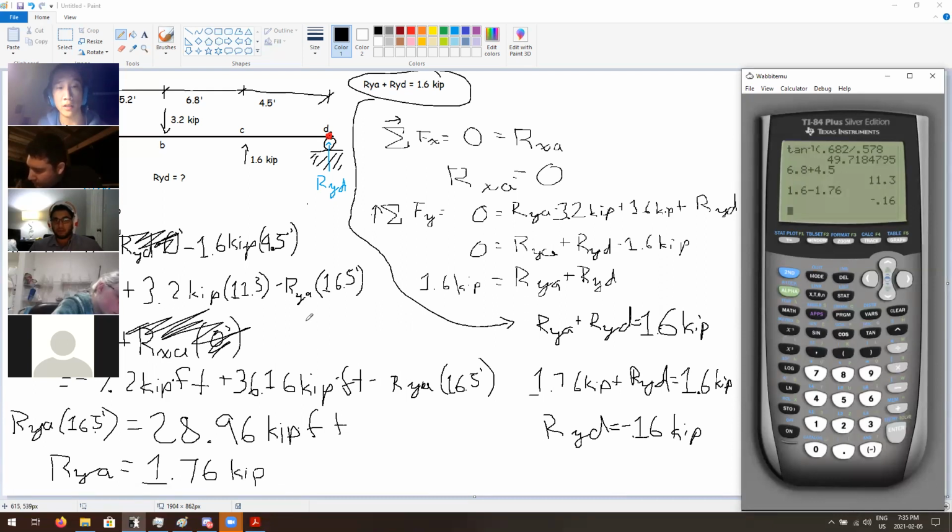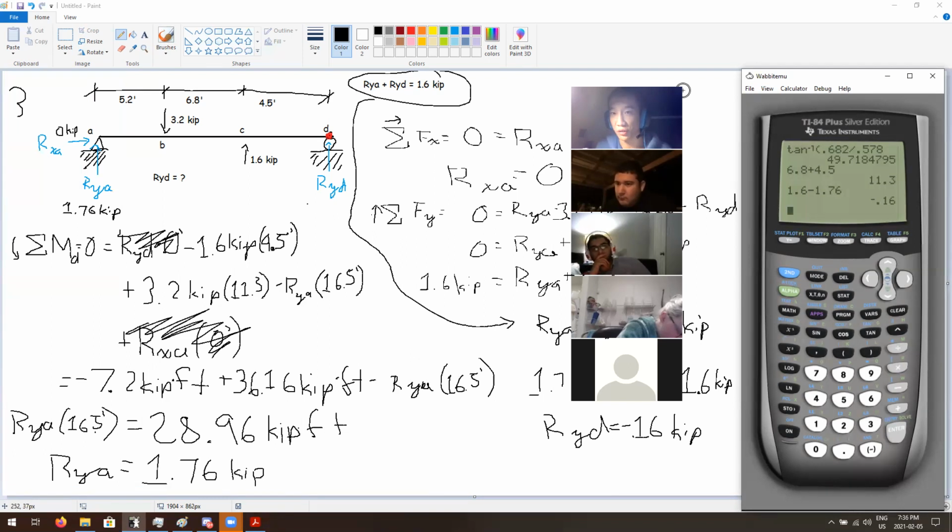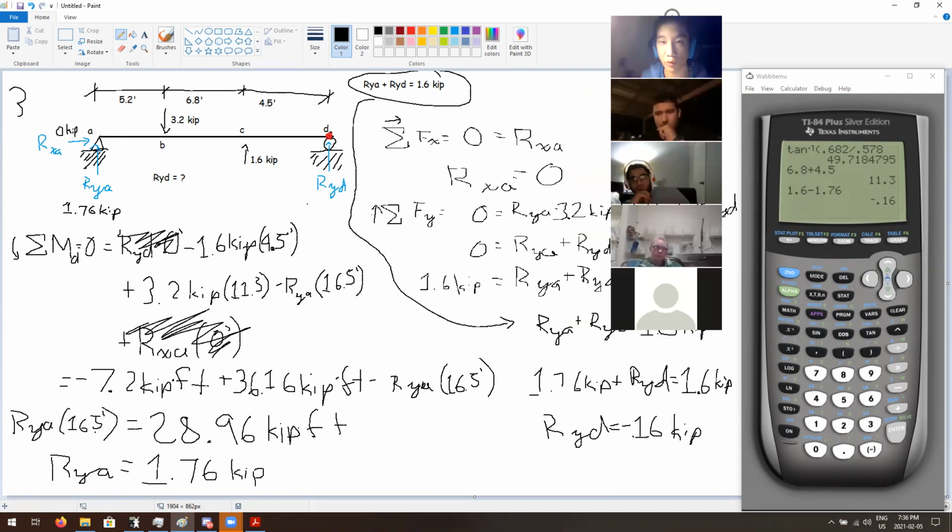Now, how can a force be negative? It's not like you're pushing with a force so weak that you've gone into negatives. You're actually going in the opposite direction of which way the vector is pointing. So you see how RYD is pointing up right now? This RYD pointing up is pushing, quote unquote, with a force of minus 0.16 kip.